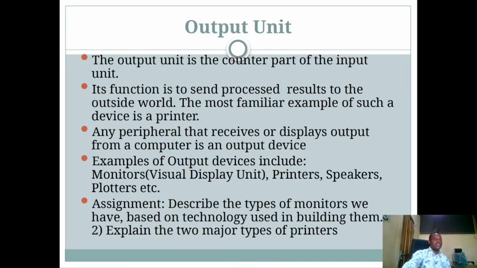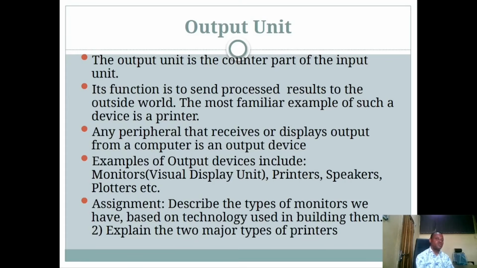So on the screen now is the output unit. The output unit is the counterpart of the input unit. Its function is to send process results to the outside world. The most familiar example of such a device is a printer. You are all familiar with a printer, okay?